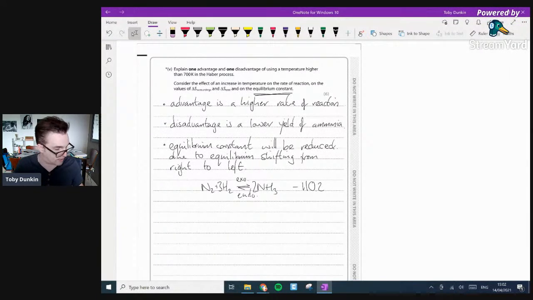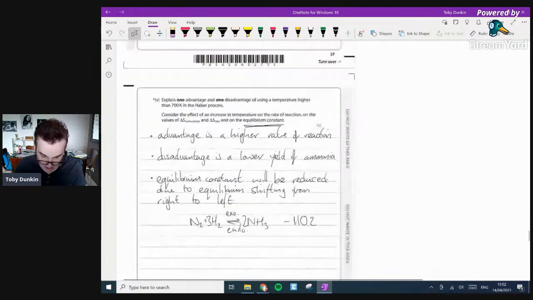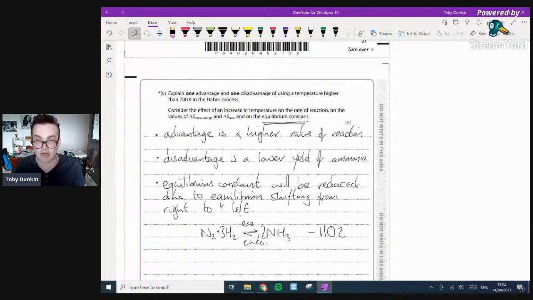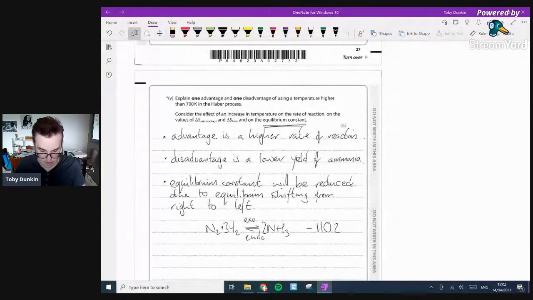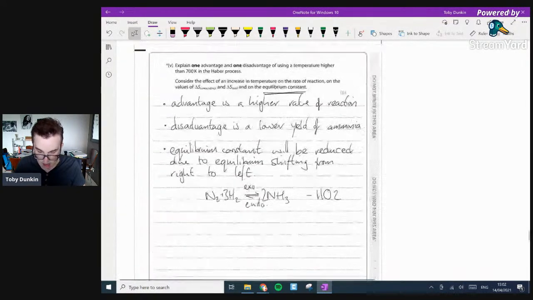They use 450, so 450 plus 273, they use 723. So interesting that they're doing that. I'm going to say it's the correct compromise, Winkit, rather than saying industrially viable. One advantage or disadvantage of using this, I'm coming to that.